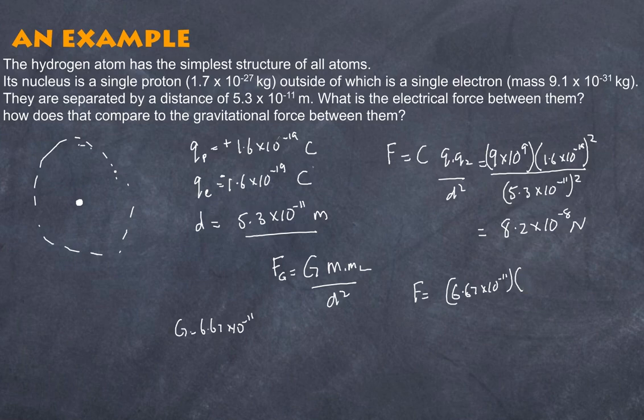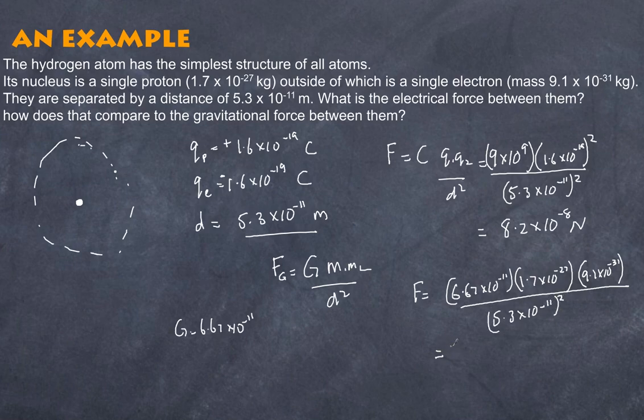My two masses are now different: 1.7 by 10 to the power of negative 27 for my proton, and 9.1 by 10 to the power of negative 31 for my electron. We divide this by the distance between them, 5.3 by 10 to the power of negative 11, and we have to square that.